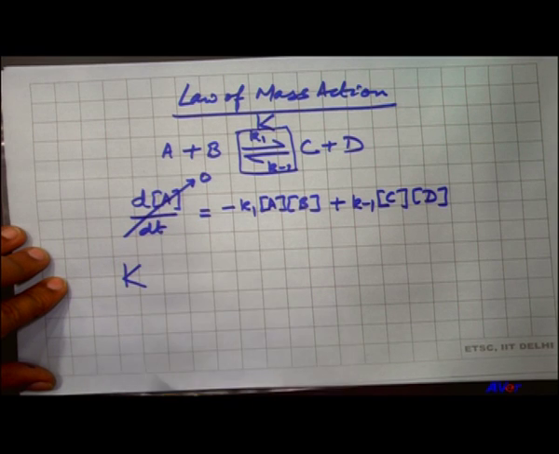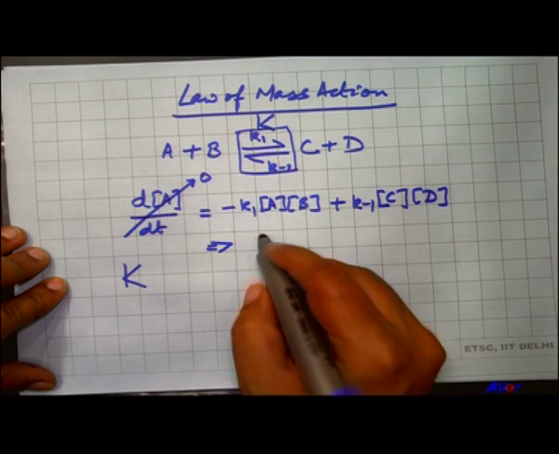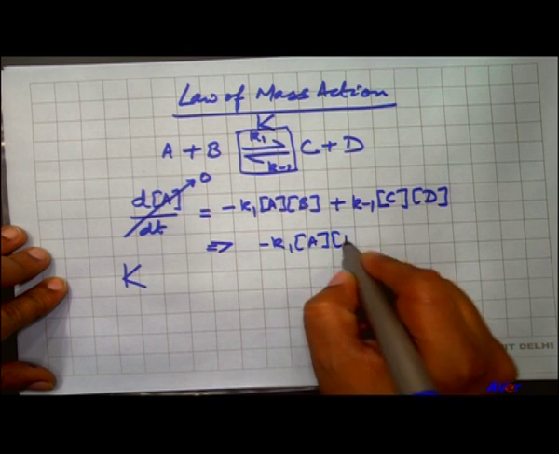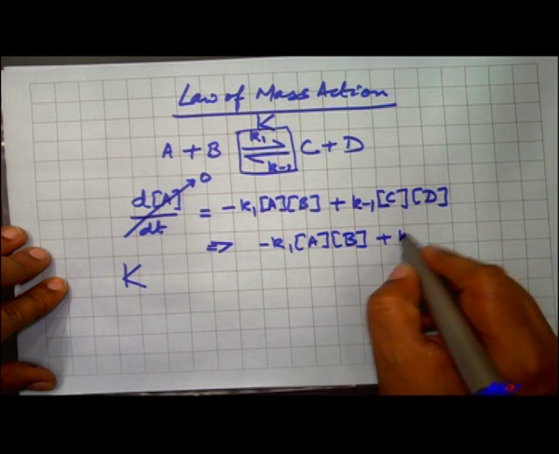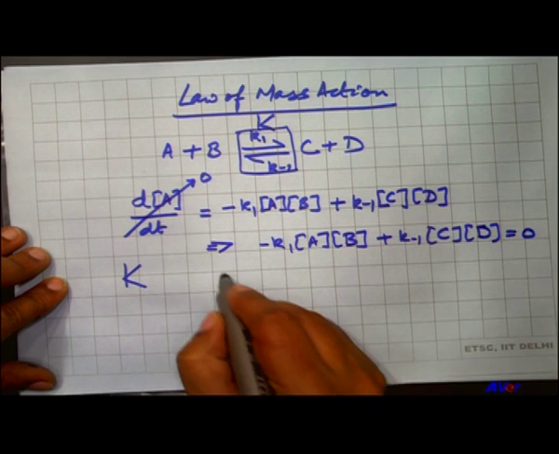When dA by dt is equal to 0, then this equation becomes minus k1 A B plus k minus 1 C D equal to 0.